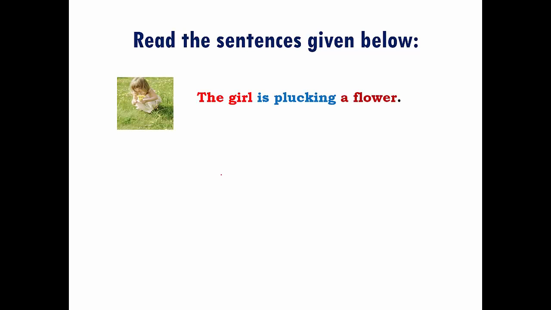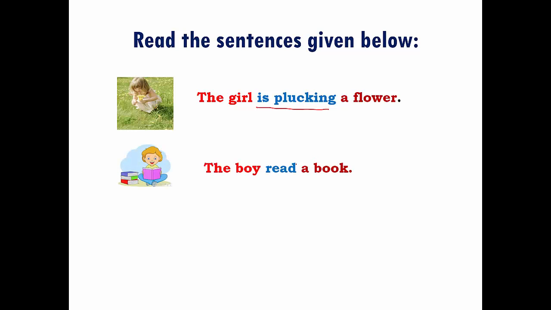Now read the sentences which are given below. The first sentence says, the girl is plucking a flower. And when I say the girl is plucking a flower, I'm sure you have realized that plucking is the verb of the sentence.